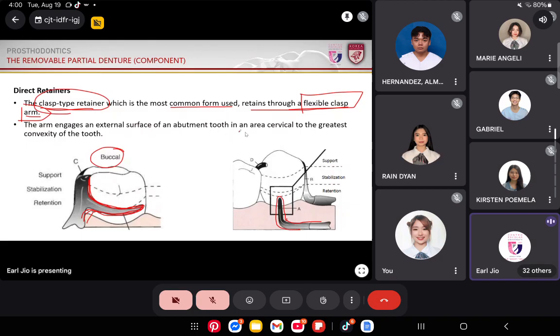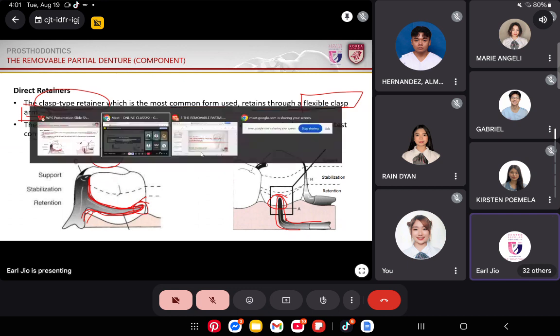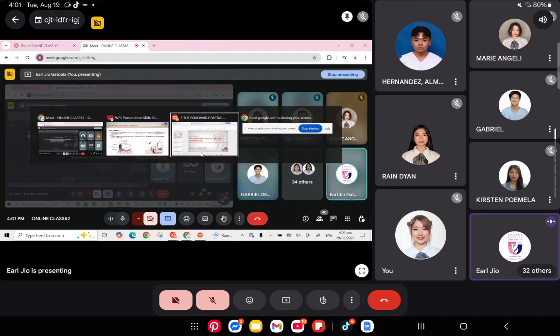The arm engages the external surface of the abutment tooth cervical to the greatest convexity of the tooth, meaning it should be below the survey line, in the undercut area of our abutment tooth. This is also an example of our retentive clasp. Are you still there? Okay.